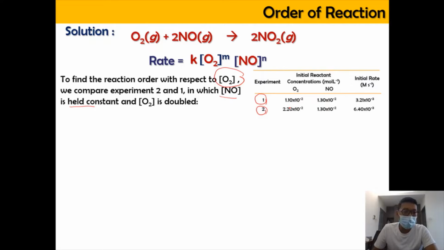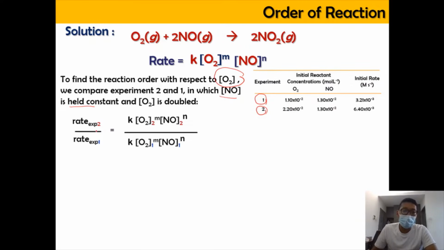So what you're going to do first, you will divide the rate of experiment 2 by the rate of experiment 1, where the rate of experiment 2 is equal to k times O2 of experiment 2 and NO of experiment 2, and the same goes for experiment 1 here. Alright?